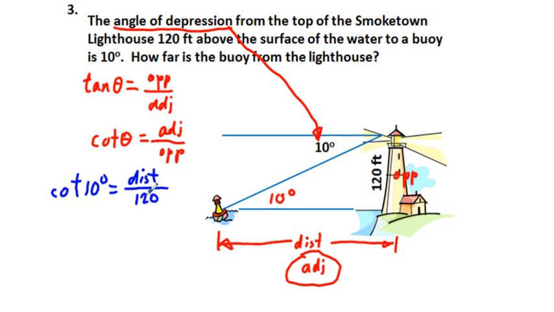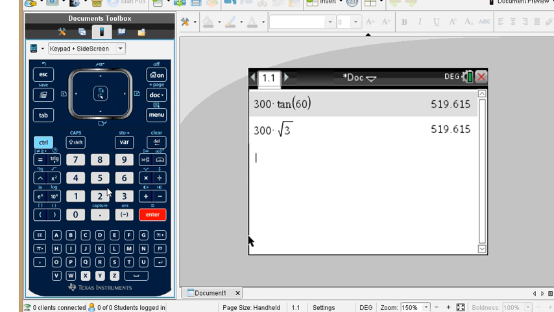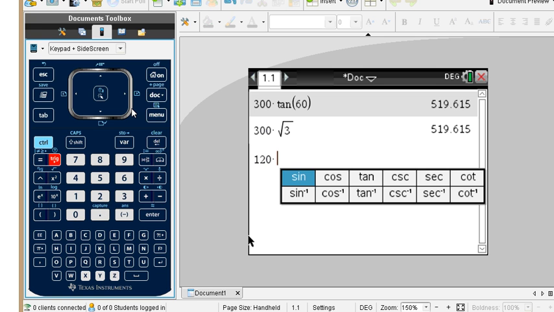As we did in problem 1, if we cross multiply that 120, our distance is equal to 120 times cotangent of 10 degrees. Now going back here, we have 120 times cotangent of 10 degrees.